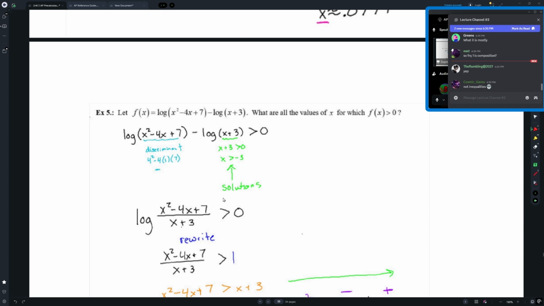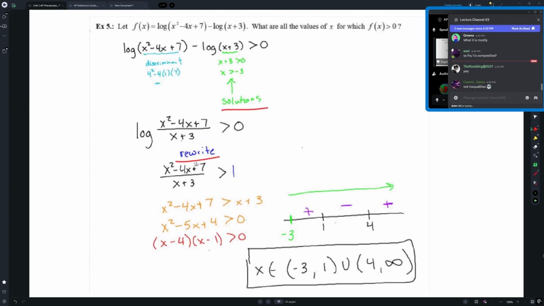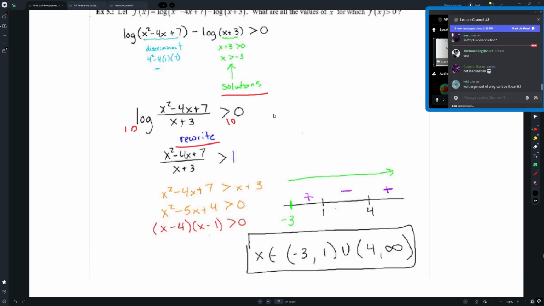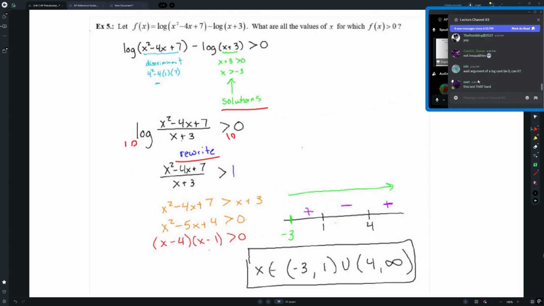First simplify, rewrite as an inequality because 10 to the power of both sides of log gives 1. Solve, and then you have to keep in mind it can't be 0. That isn't that hard.